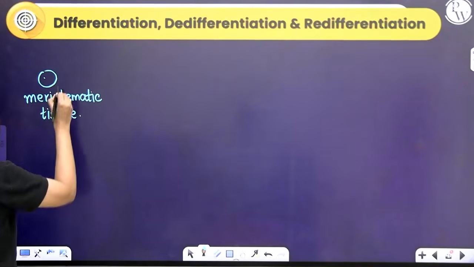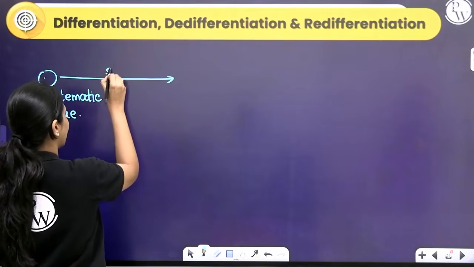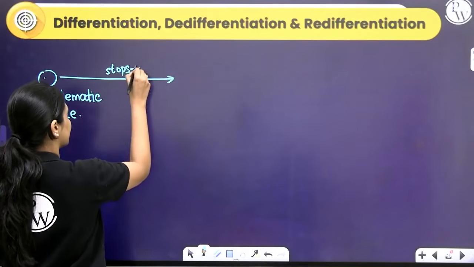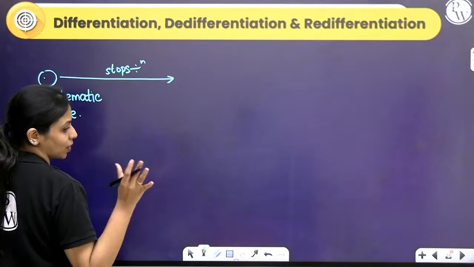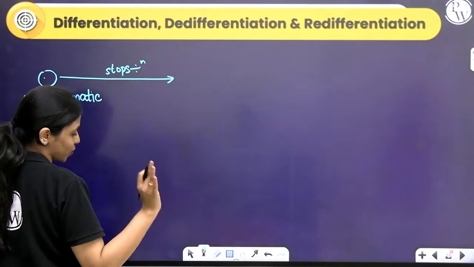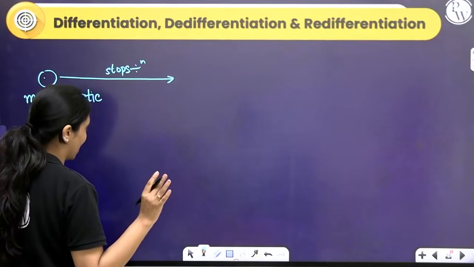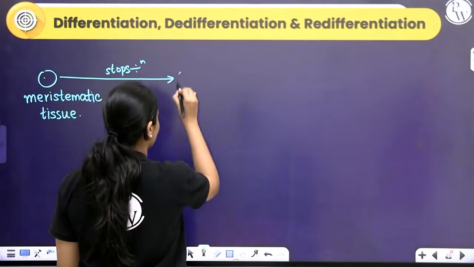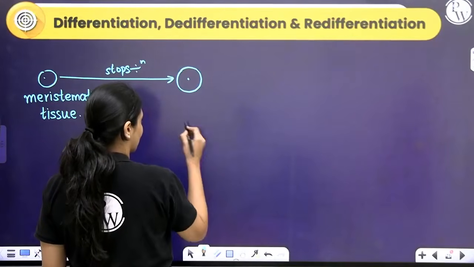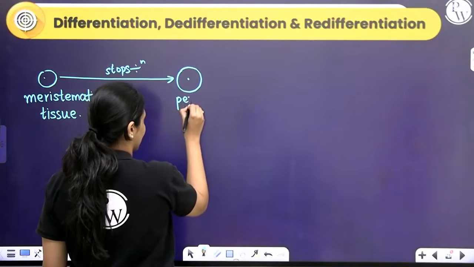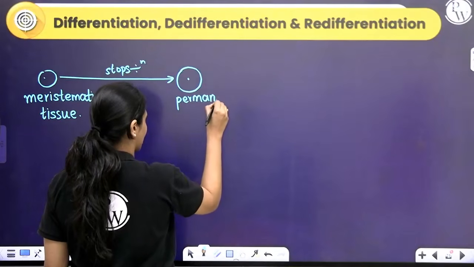This meristematic tissue stops dividing. Once it stops undergoing cell division, it loses the ability to divide and takes up certain permanent function in the plant. Then we say that it has become mature. It becomes a permanent tissue.